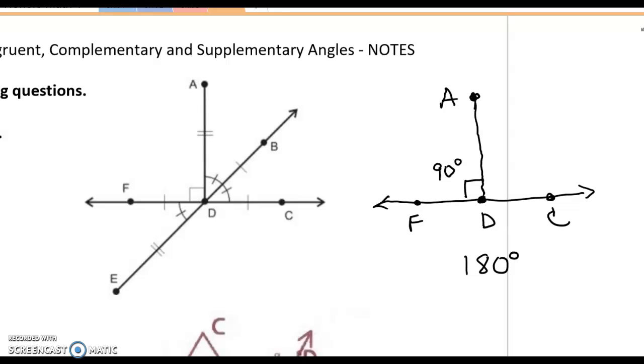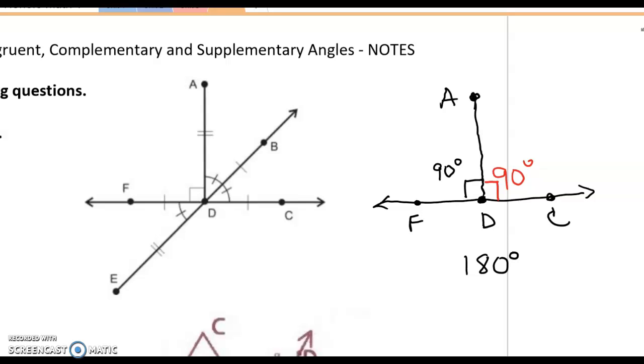So knowing that the straight angle that we had originally was 180, and that this angle right here is 90, that means that the other side of that line segment must also equal 90 degrees. Because those two angles make up the 180 degree angle. So if the one on the left is 90, the one on the right also has to be 90.